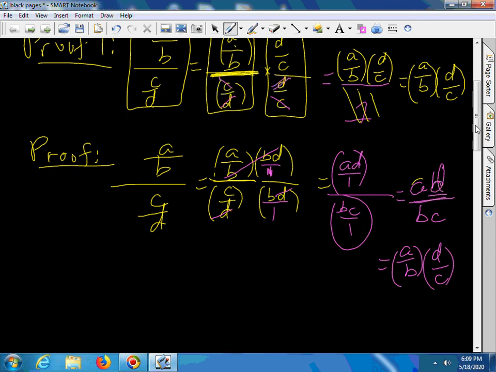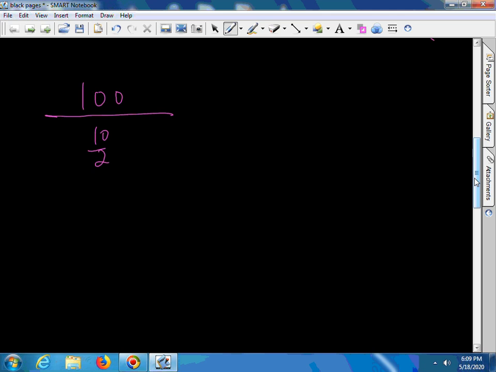Now, since this is a low level math problem, a problem for beginners, I want to just point out something. There's something called the main division line. If you have 100 and you divide it by 10 over 2, you do not get the same answer as if you have 100 divided by 10 and divide that by 2.